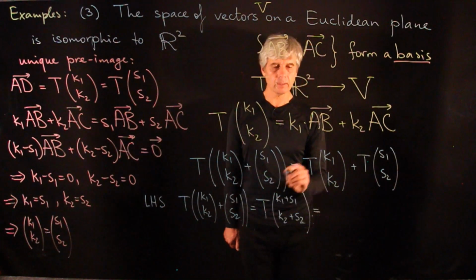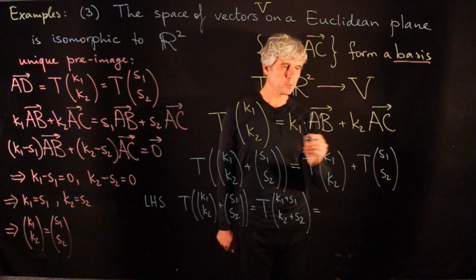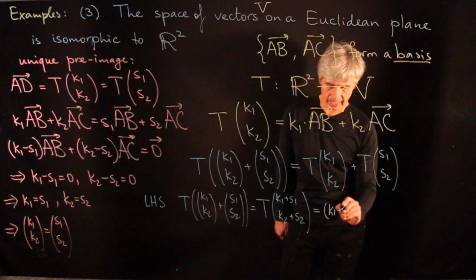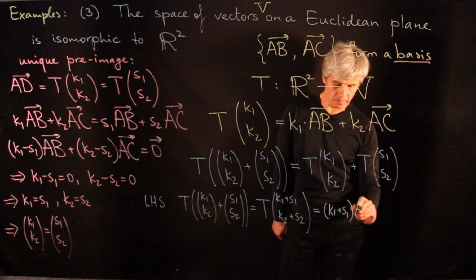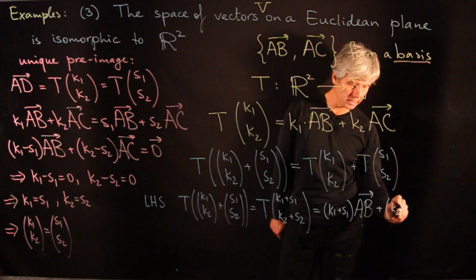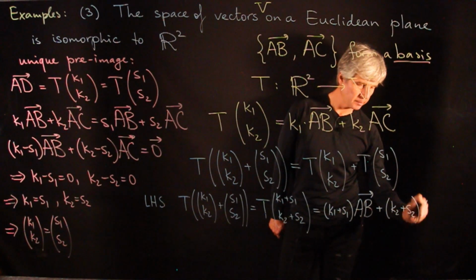And then a two-component vector is mapped into a linear combination. So this is mapped to (K1 plus S1) times AB plus (K2 plus S2) times AC.